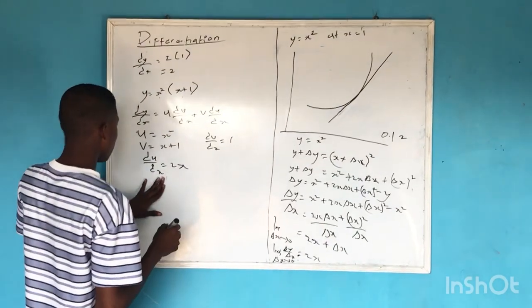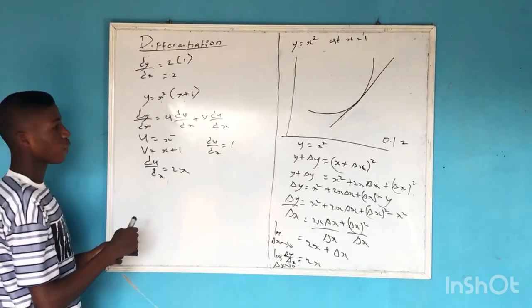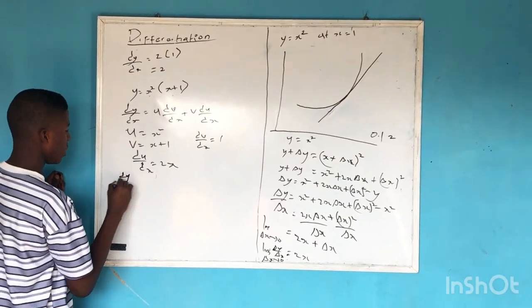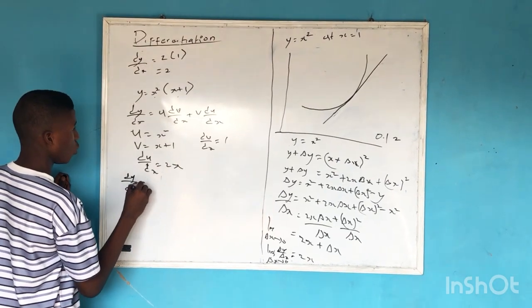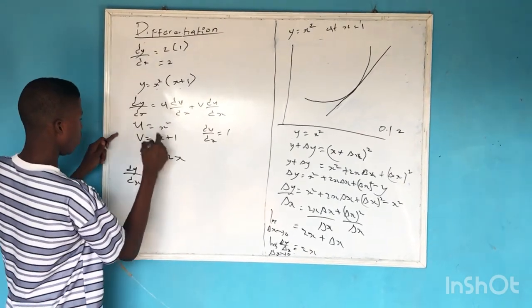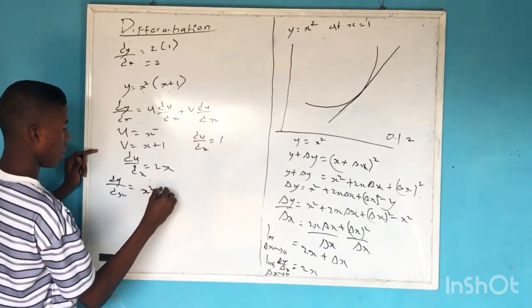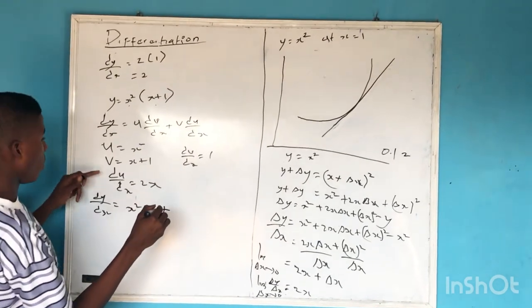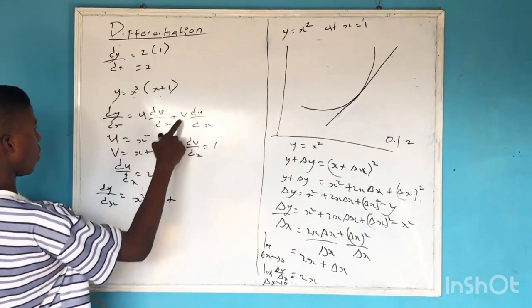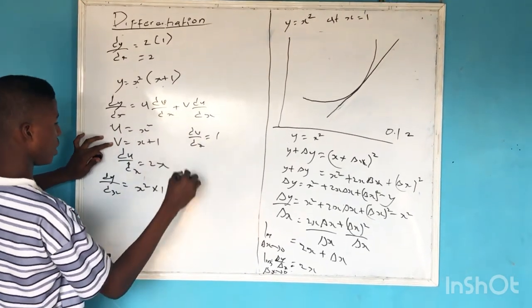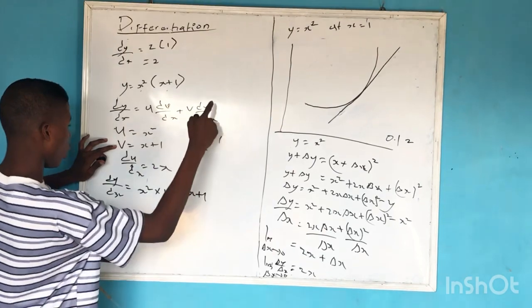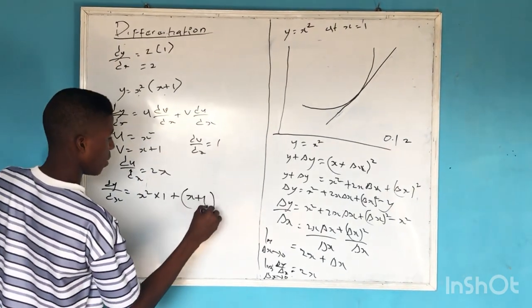So having said this, now let's just fix it into the formula. Our dy dx will be u. Our u is x squared. Then the dv dx, which is 1, times 1 plus v. My v is x plus 1, and du dx, that is 2x.